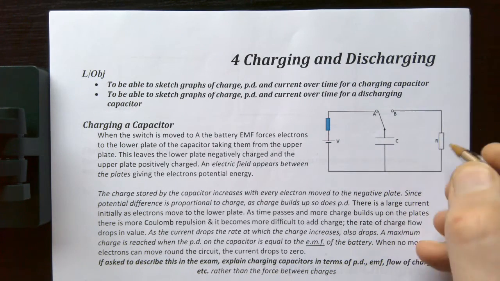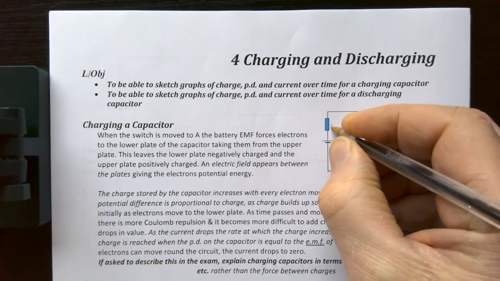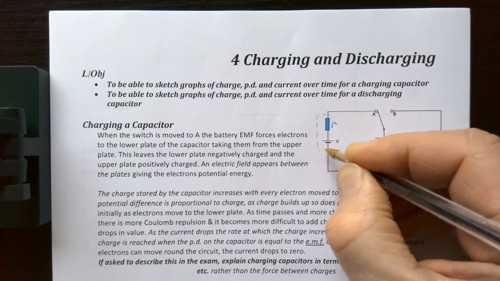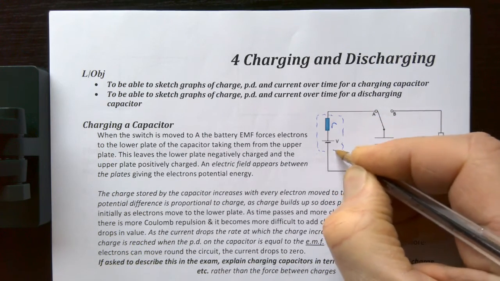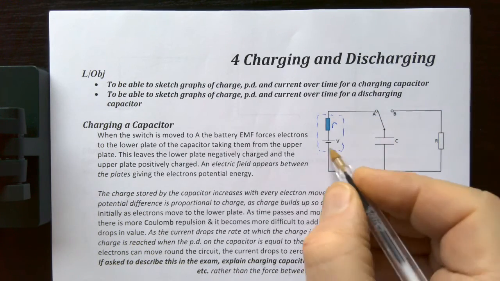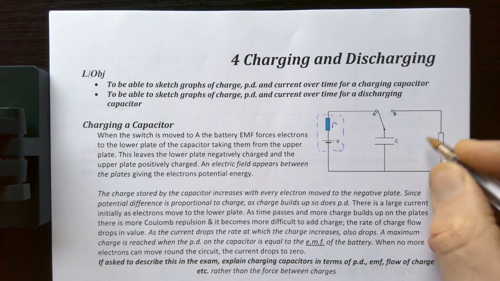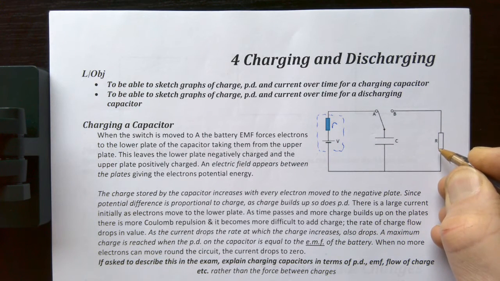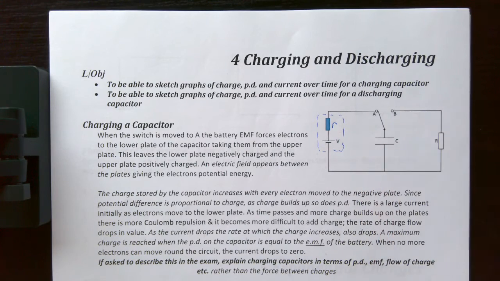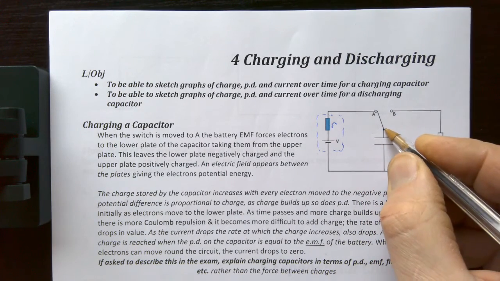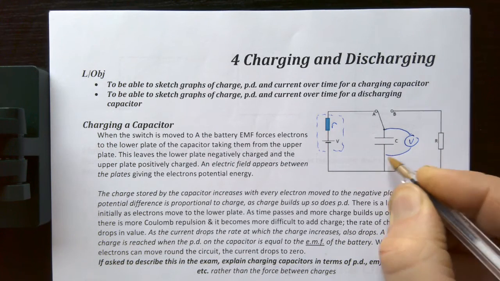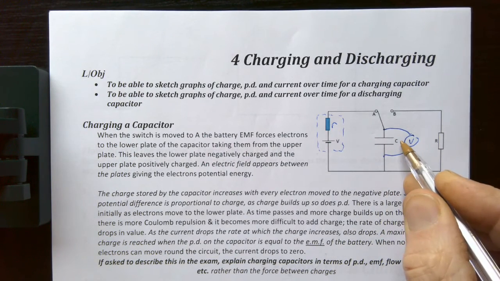So step 1, realistically, we will have a battery with internal resistance. Okay, so here's a single cell in this diagram. It doesn't matter if it's cell or a battery. Over here you've got your load, whatever that is, some sort of large resistor, and then capacitor going on. So the only way to see what's going on is to connect yourself in real life a voltmeter across the capacitor.